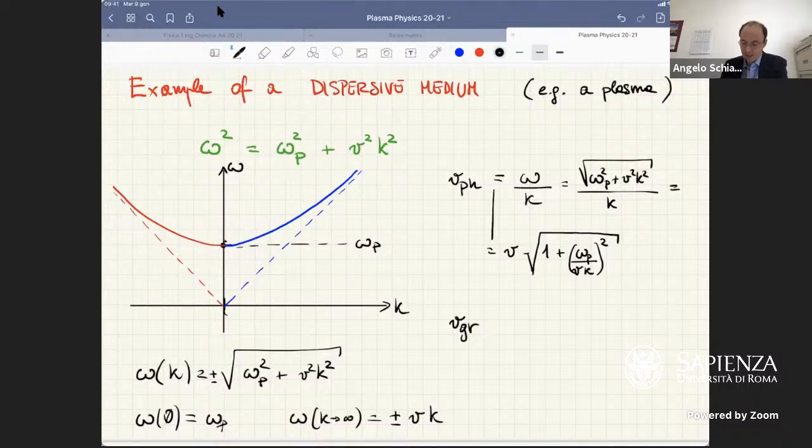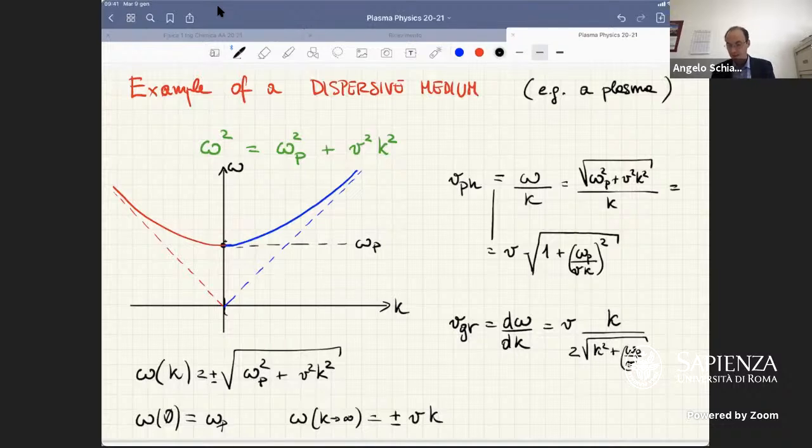The group velocity is d omega over dk. If you take this function and compute the derivative with respect to k, you find that you can again single out a v, and then we have k on top, and at the denominator the square root of k squared plus omega p divided by v, squared. The derivative of k squared is 2k, so we can cancel out the factor 2.